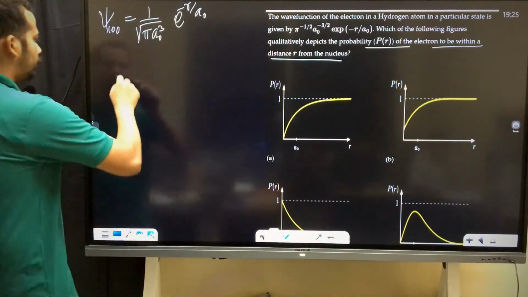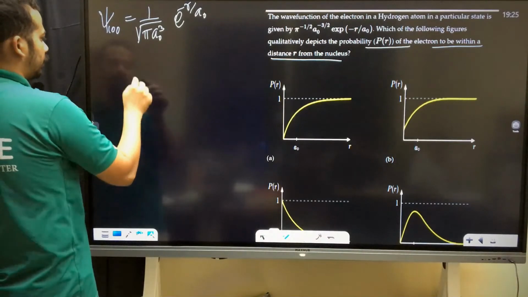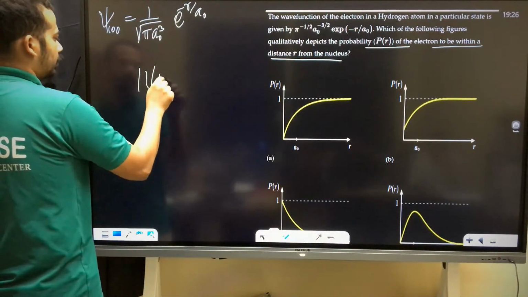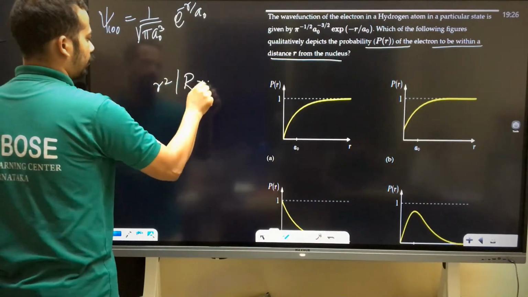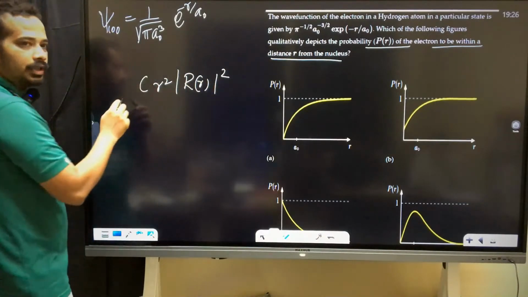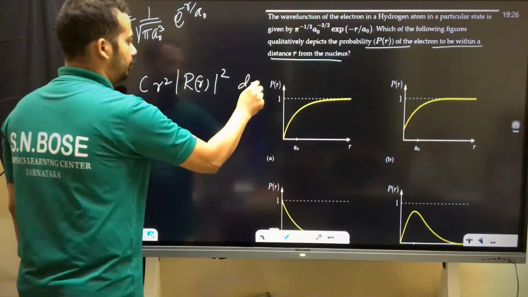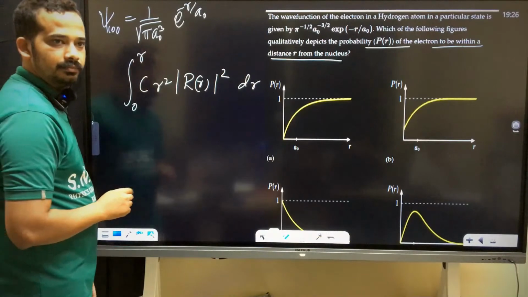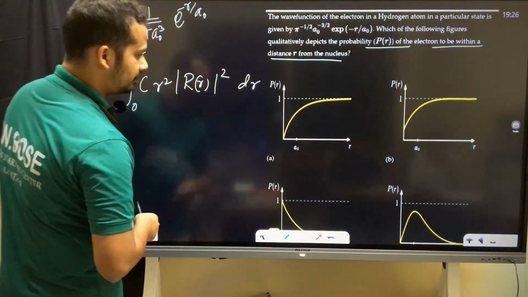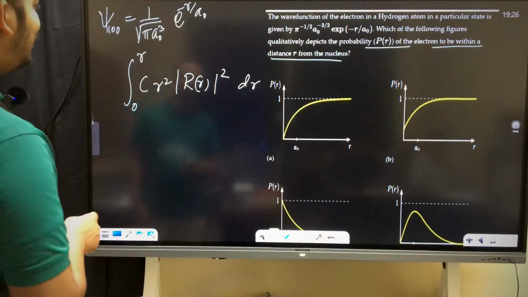That's why what you need to do is take mod psi of r square into mod R of r the whole square, keep some constant, and integrate from 0 to r. Don't guess, do that one.